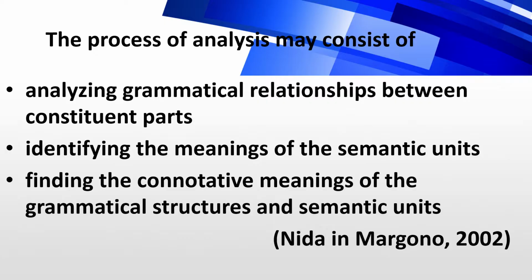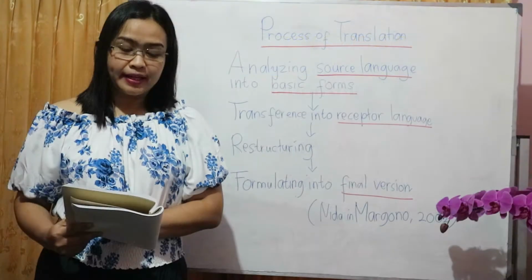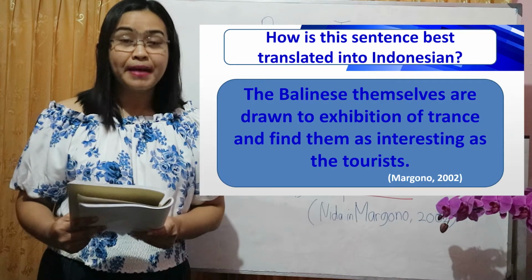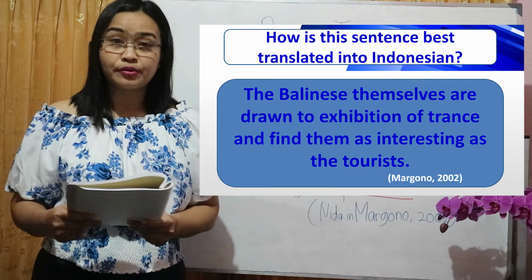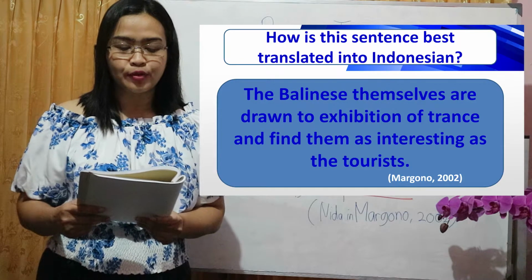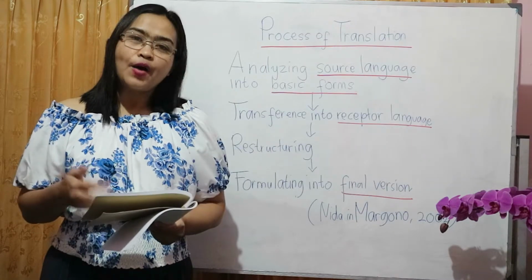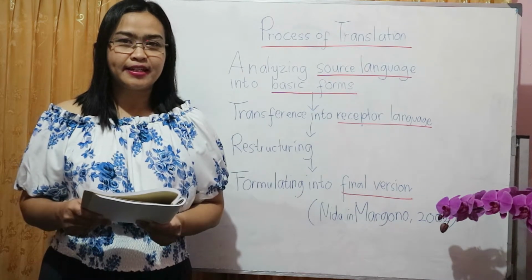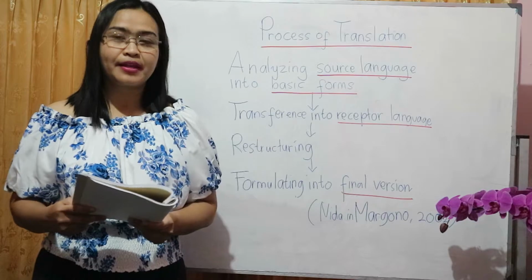Let's now use the examples of translations from English into Indonesian. The example is the sentence, "The Balinese themselves are drawn to exhibition of trance and find them as interesting as the tourists." How is this sentence translated into Indonesian?